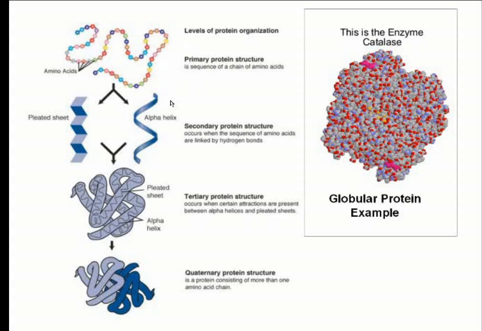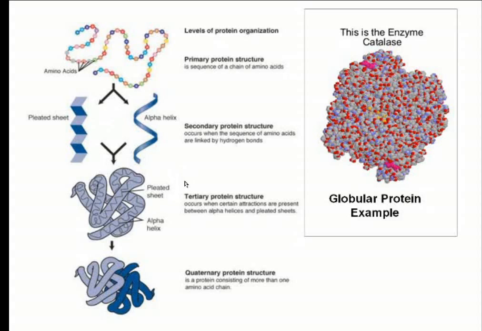The secondary protein structure is where you can see it's folded or coiled, and these folds and coils, or pleats for folds, are held together by strong chemical forces of attraction called hydrogen bonds.